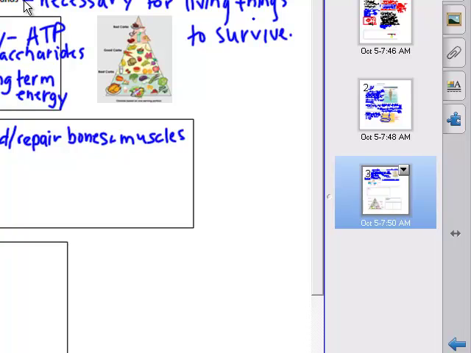They also have the function of hormones and chemical messages being sent through your body. So right here we're going to put hormones and, let's say, chemical messages.